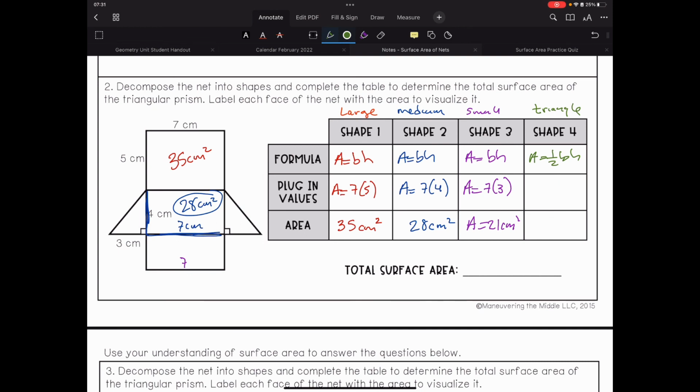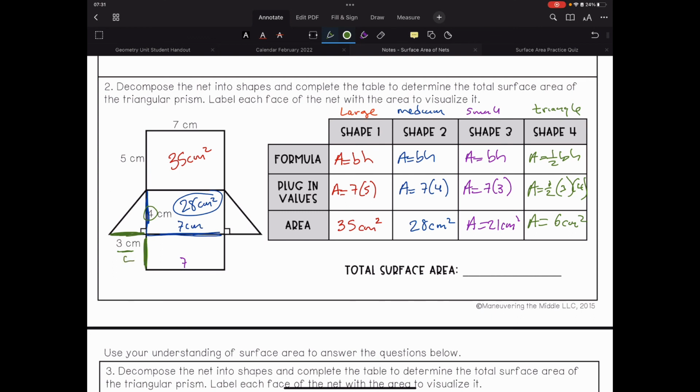And for the triangle, we've got a base of 3 and a height of 4. For a total area of 6 centimeters squared. Now it is a little confusing here. This 3 right here is also the height and base of that, okay?